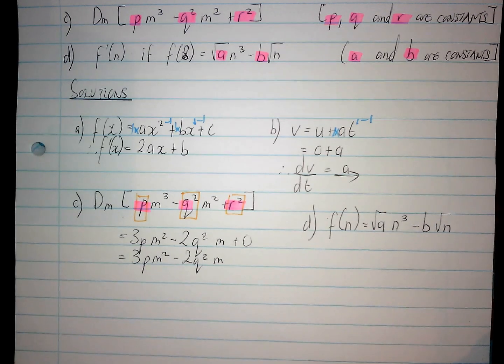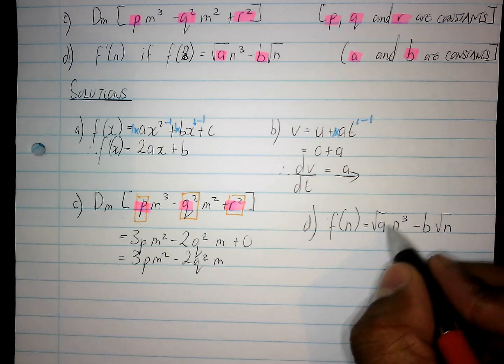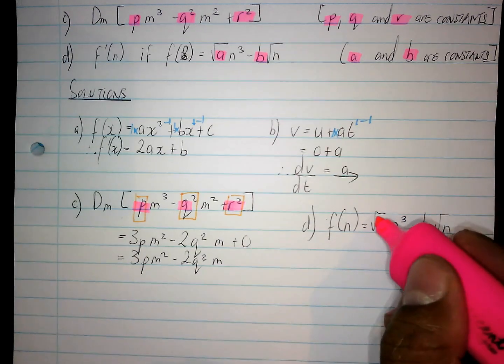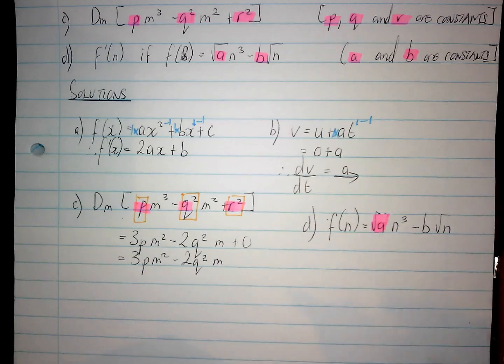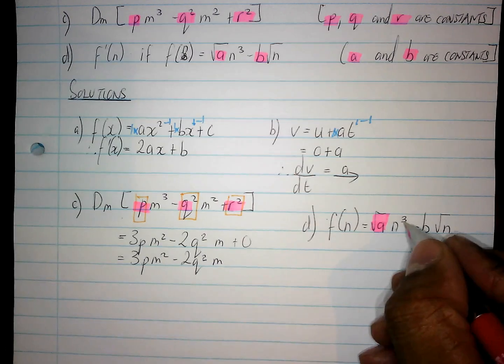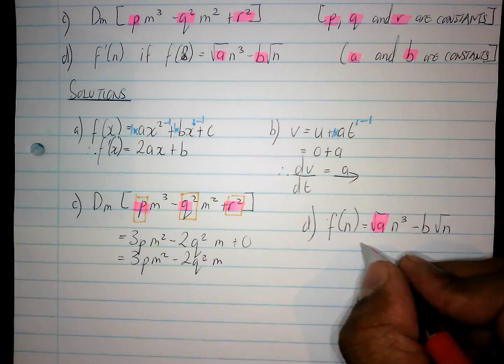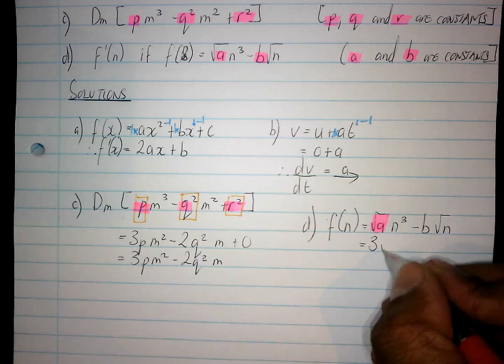Now here we know that square root a is our constant, meaning the whole of square root a, so there's no need to change square root a to be a to the power 1 over 2. We're looking at the variable n. So this is going to be 3 multiplied by square root a, which is 3 square root a.